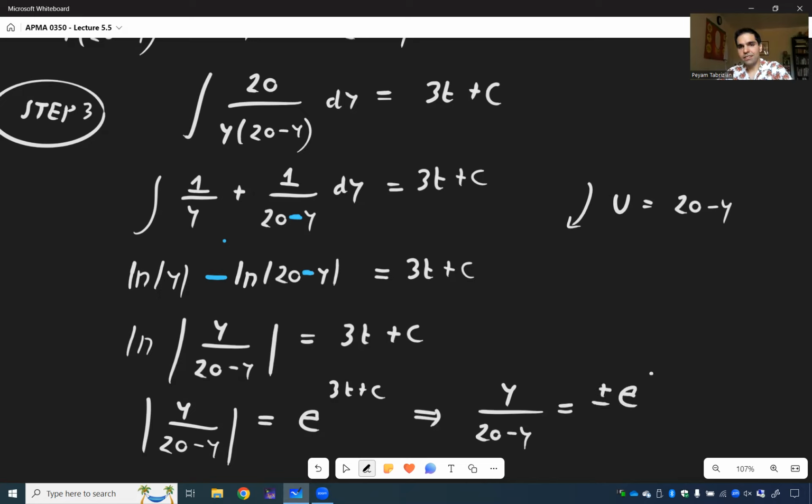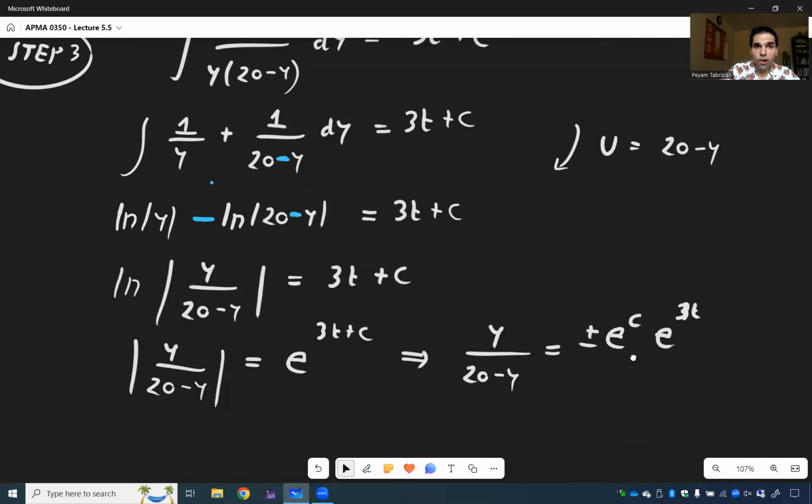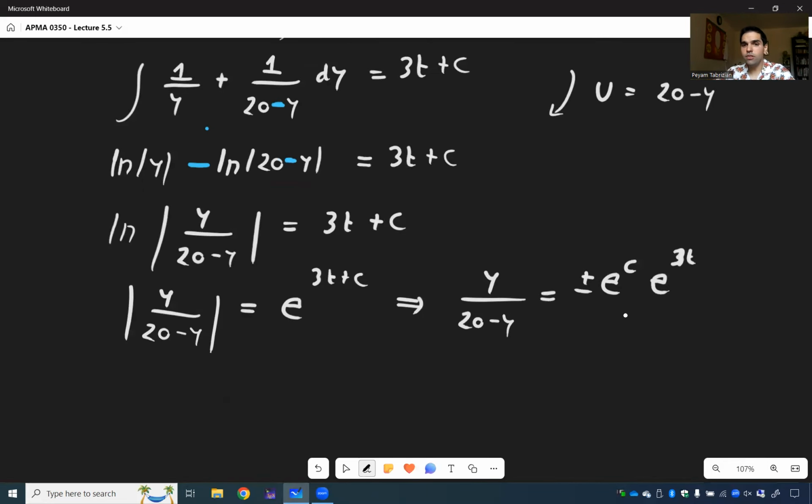So plus minus e to the c, e to the 3t. And just as before, plus minus e to the c is an arbitrary constant. So you replace it with c, and you get y over 20 minus y is c e to the 3t. And here, c is non-zero because of the initial condition, basically.